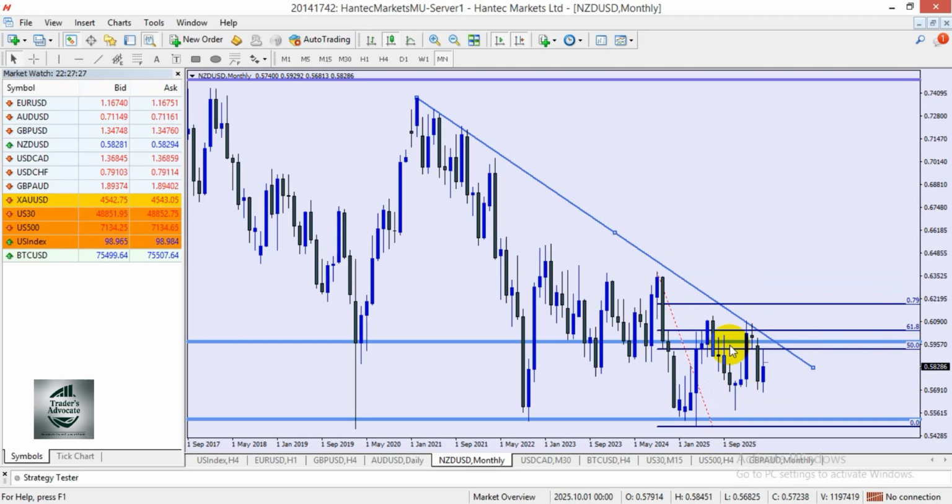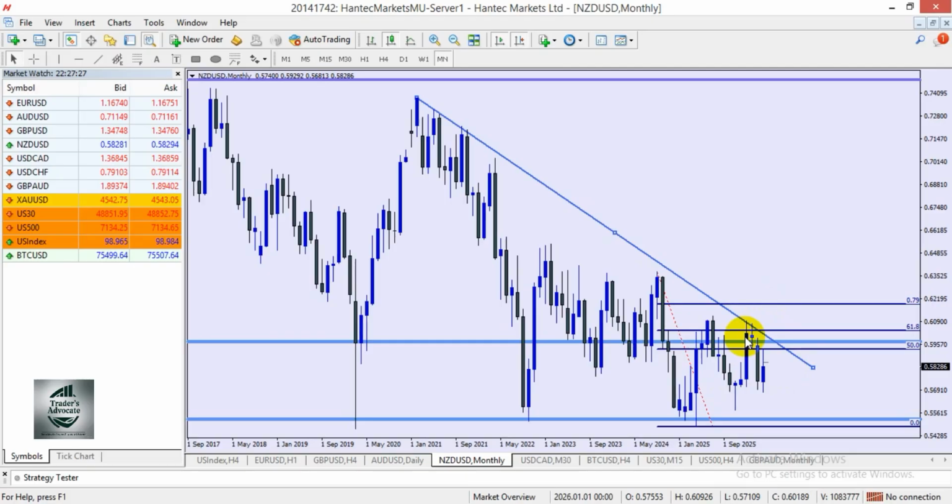For those of us who don't know, Fibonacci are retracement tools, and the 61.8 and the 50% Fibonacci levels are the most potent reversal levels. They can reverse a pullback to continue with a major trend. They can equally reverse an immediate trend to continue with a major trend.